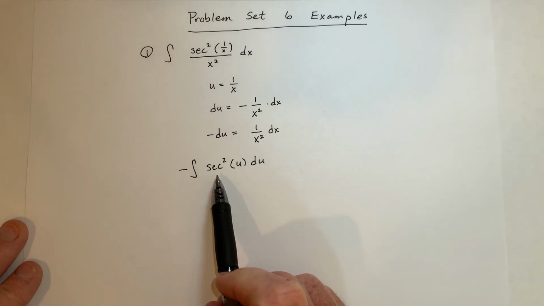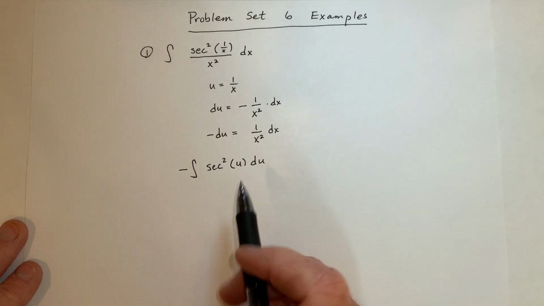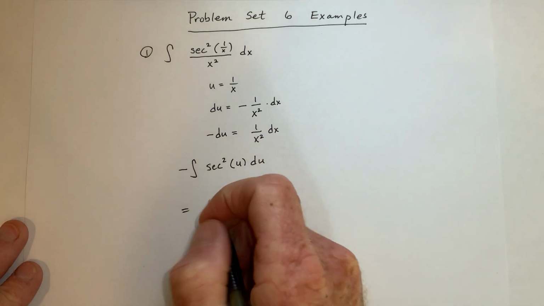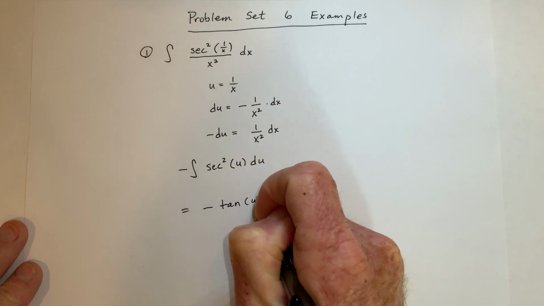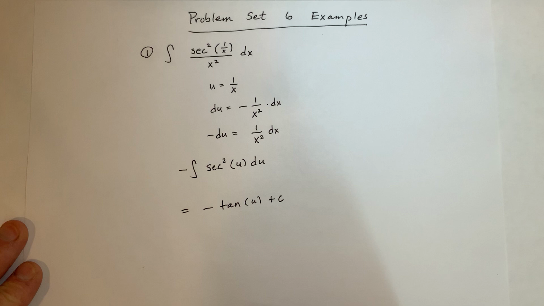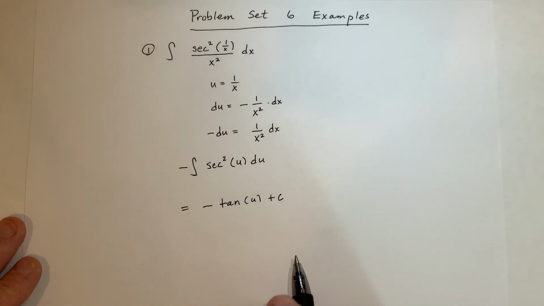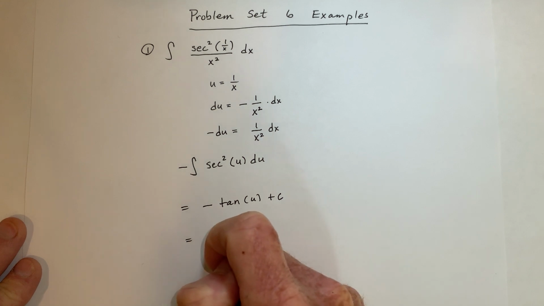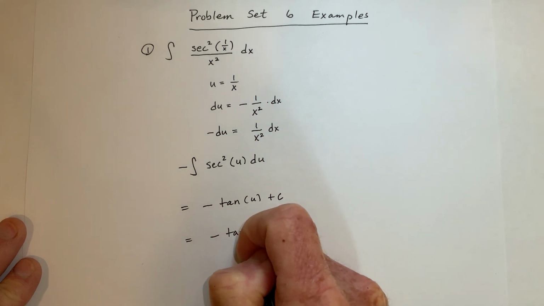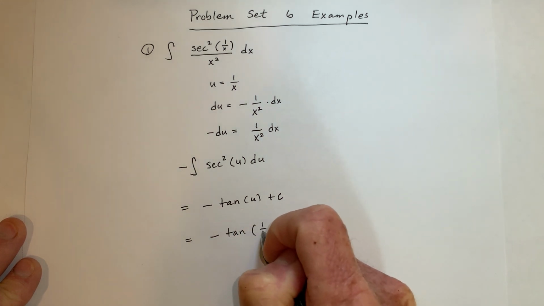Now I just have to think, what's the antiderivative of secant squared? Well, the derivative of tangent is secant squared, so that means the answer is going to be negative tangent of u, plus the constant c. The last thing to do on this one is replace the u with 1 over x, and then we're finished with number 1.